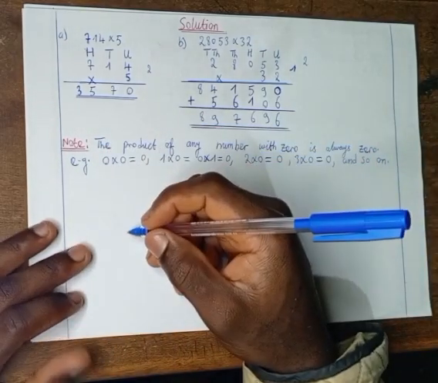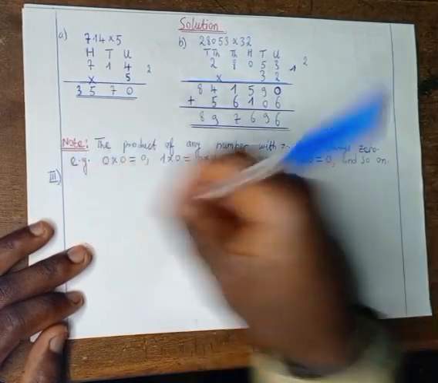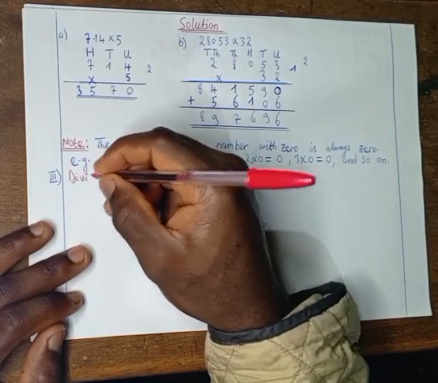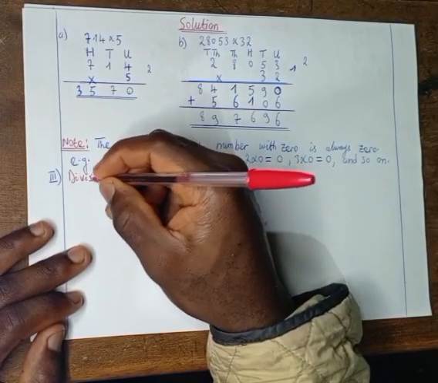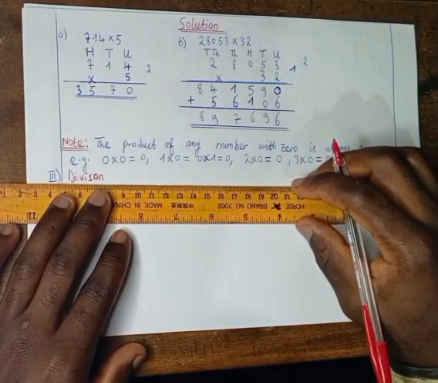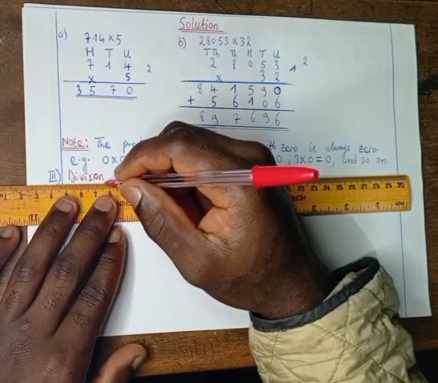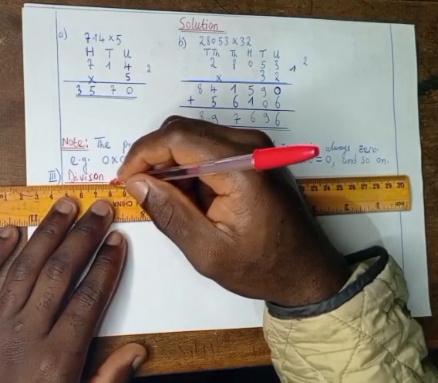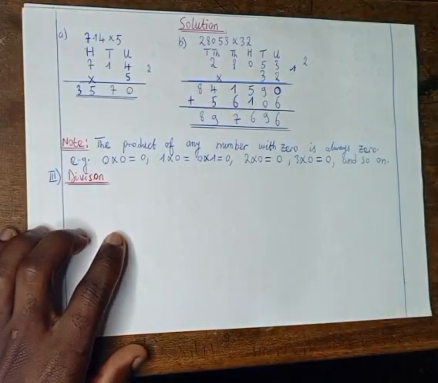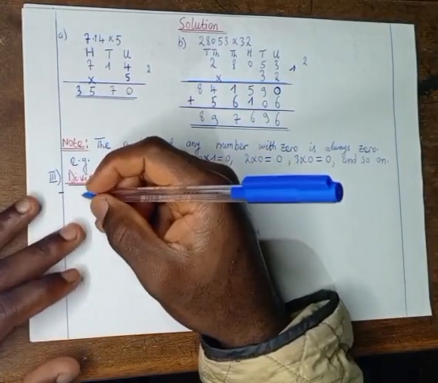Next, we move now to the third operation, which is division. This is something we make good use of. For example, you can be given 20 oranges, for you to divide the 20 oranges to 4 persons equally. That's an application of division. Let's take the first hyphen.